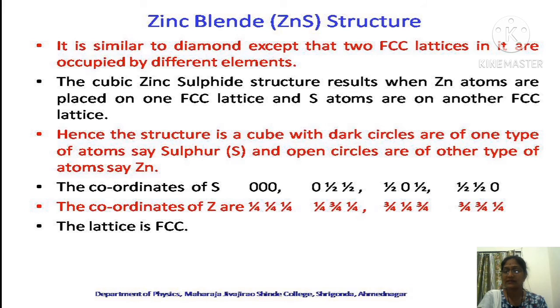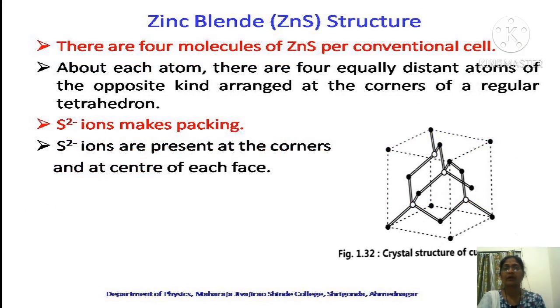Then the lattice is FCC type. There are 4 molecules of ZnS per unit cell. About each atom, there are 4 equidistant atoms of the opposite kind arranged at the corners of a regular tetrahedron.